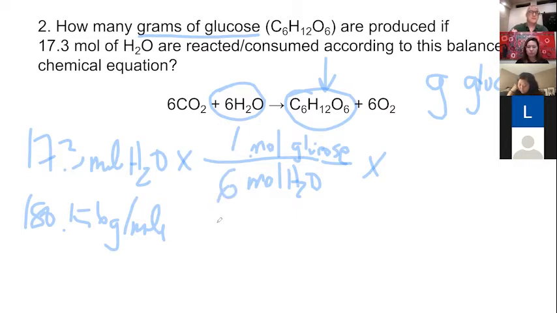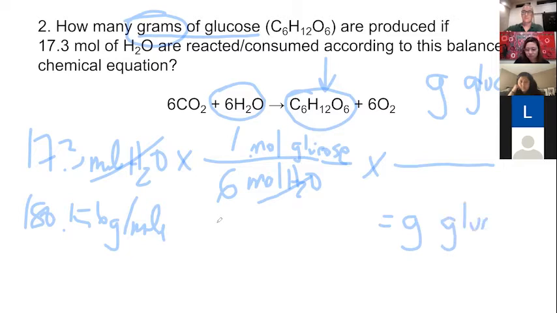That gets rid of my moles of water, and now I'm left with moles of glucose. But I wasn't asked about moles of glucose. I was asked about grams of glucose. So what do I need to do to get a final answer in grams of glucose? What do I put on the top? What do I put on the bottom? 180.156 grams on top and then 1 mole on the bottom. That's right, because I want the grams. This is what I want to be left with.